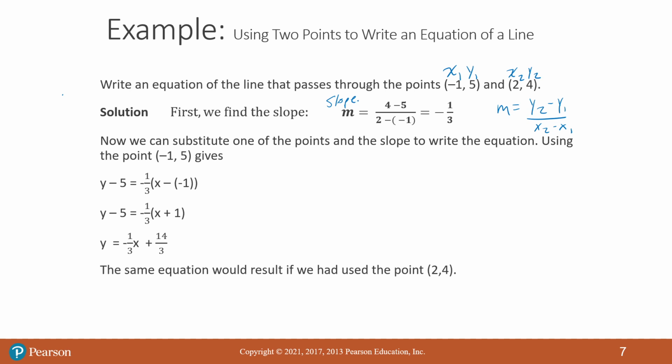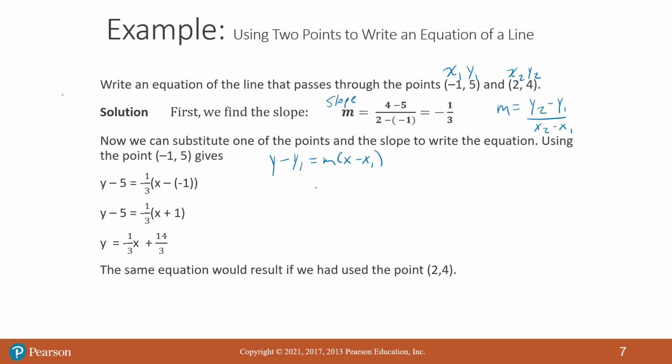Now, if we want to use point slope, we can use either of these points that we want. We can use -1, 5, or we can use 2, 4. It doesn't matter which one you use. Okay, I'm going to use the first one. If you use the second one, it'll simplify down to the same line. So I'm going to put this in point slope form. Remember, point slope form is y minus y1 equals m times x minus x1.